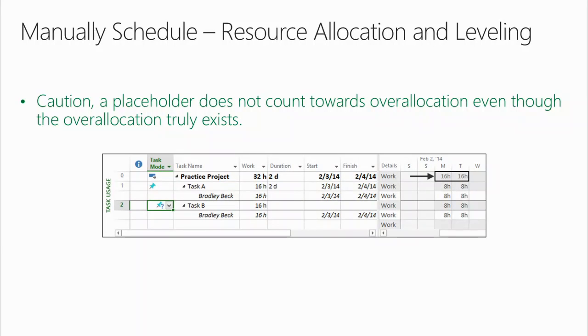So I really do have an overallocation problem, but because I have a pure placeholder at the task level, which means no standard values in duration, start, and finish, no overallocation. So if you're looking at allocation and overallocation and you're using manually scheduled mode, your pure placeholders don't count, but it's really there.